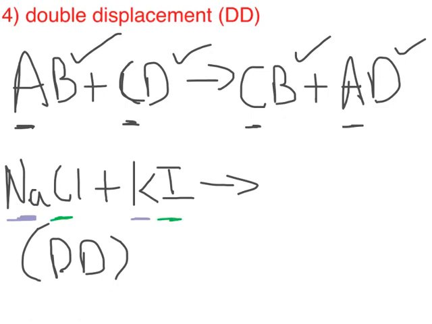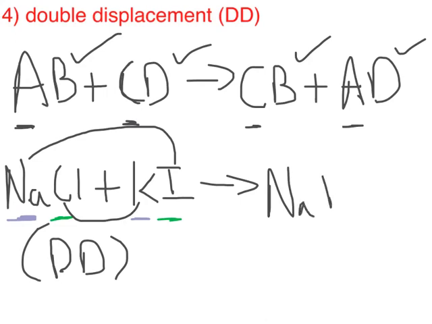This and this are nonmetals. So in order to write the correct products, I need to swap places. The metals need to swap places, okay? So this is going to go with this, and this is going to go with this. Okay, so I'm going to write, doesn't matter which order I write them in, I'll write sodium iodide plus potassium chloride. Okay, double displacement.